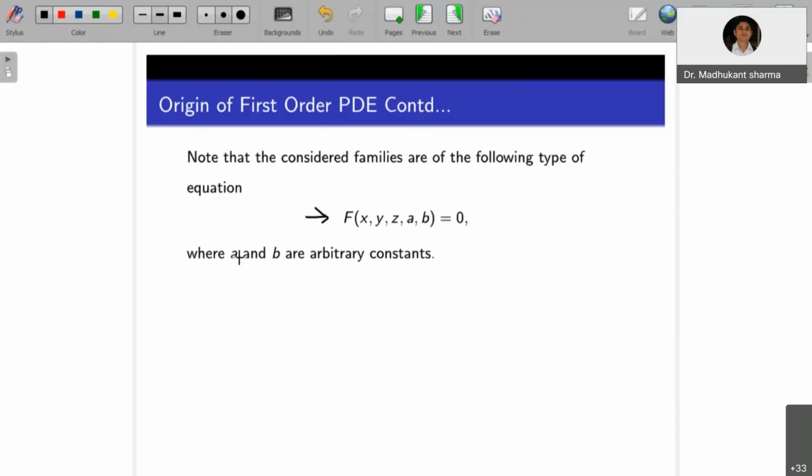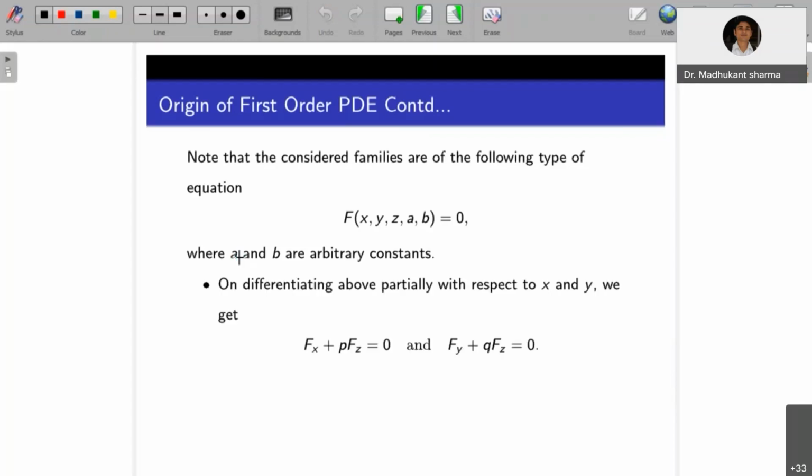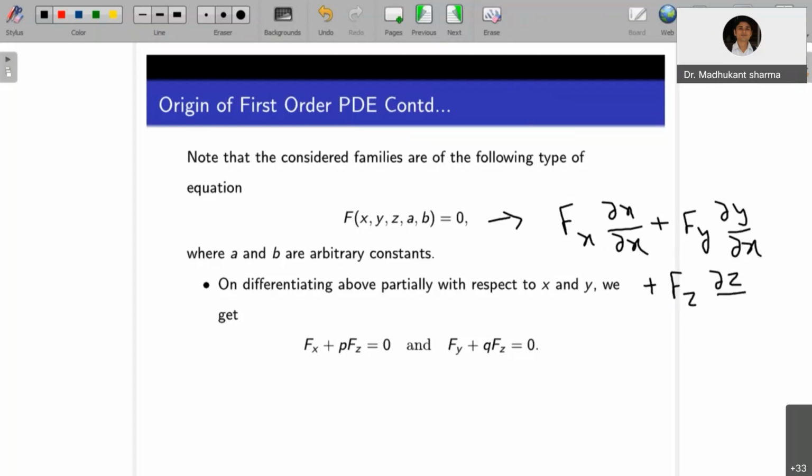First you differentiate partially with respect to X and Y. By the chain rule, differentiating with respect to x gives f_x times 1 plus f_y times the derivative of y with respect to x, plus f_z times the derivative of z with respect to x, equals 0.